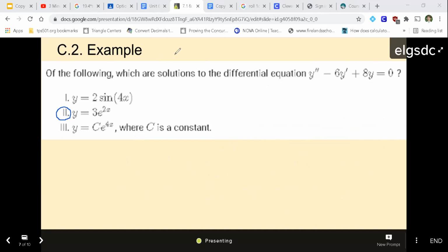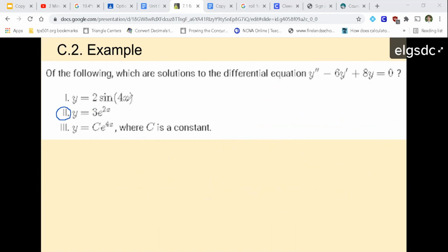Let's try the third. Again, 2 steps. I'm going to first take the derivative of this. This is the chain rule. Derivative of the outside function, e is e, multiplied by the derivative of the inside. Derivative of 4x is 4.